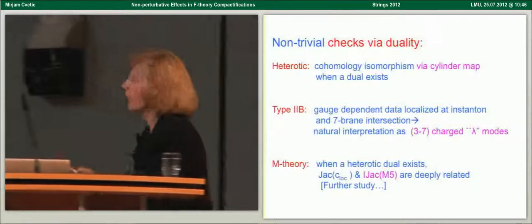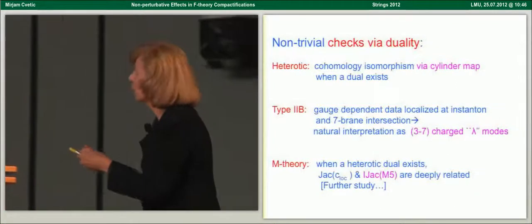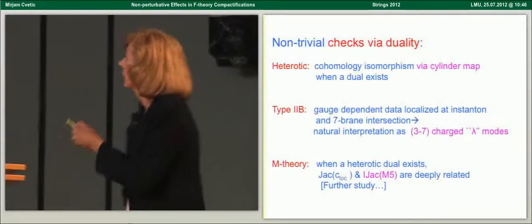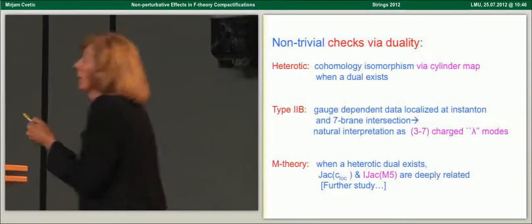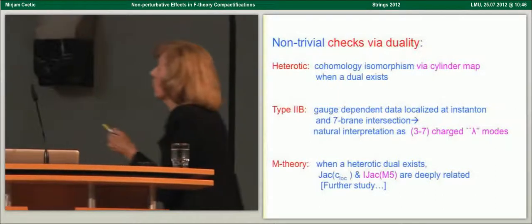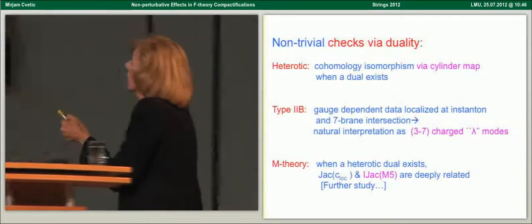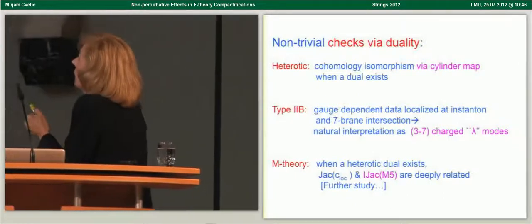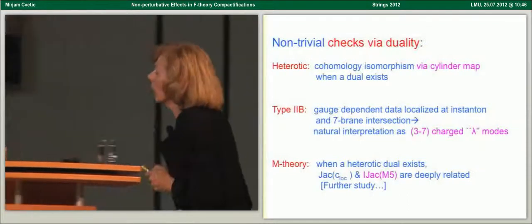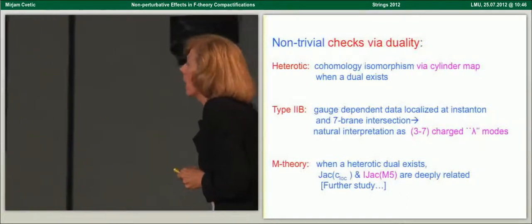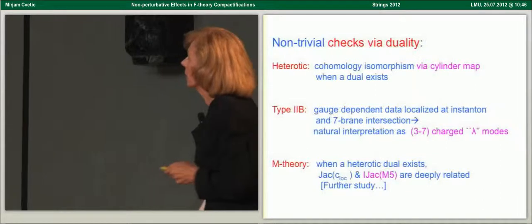Now, this proposal, the way it's formulated directly in F theory, passes key checks. One is when a heterotic dual exists. This calculation is isomorphic via the cylinder map to the dual heterotic calculation of line bundles on spectral heterotic curves.